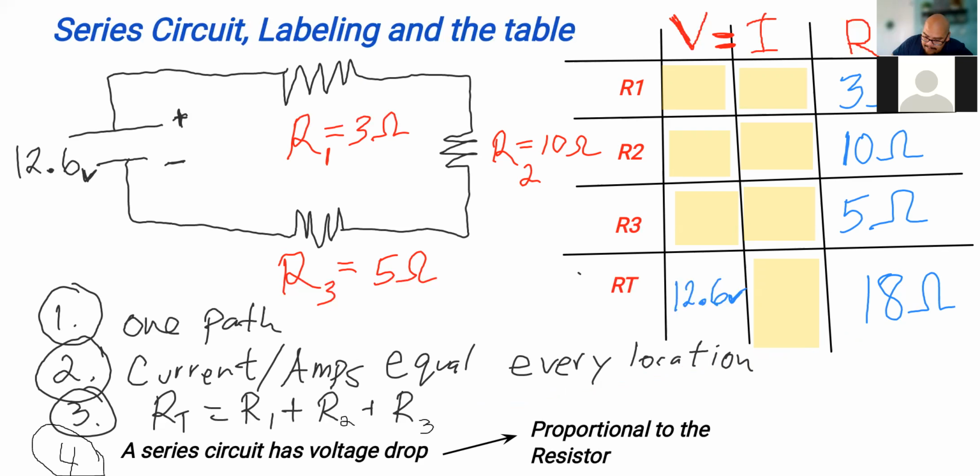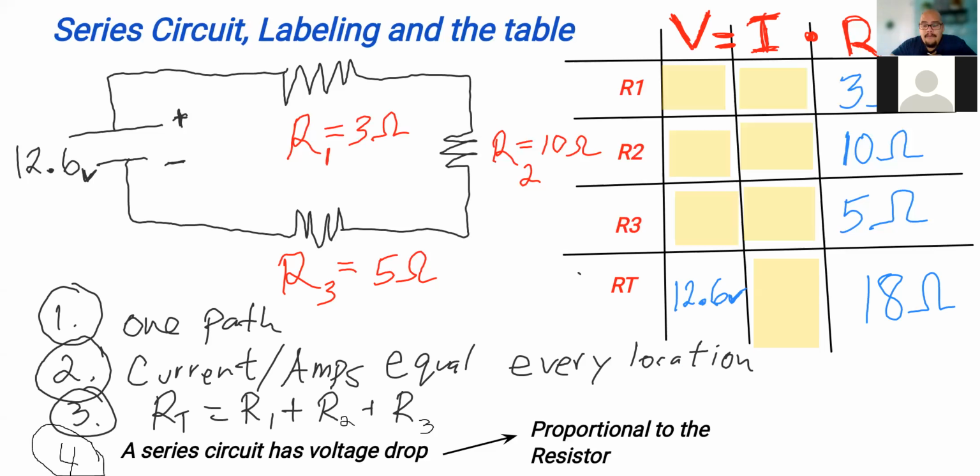Okay, so this is my V equals I, and then you could put little times there to remind us, R. Okay, so that's why I like to set up my table heading in this manner, because it reminds me of Ohm's law. V equals I times R.